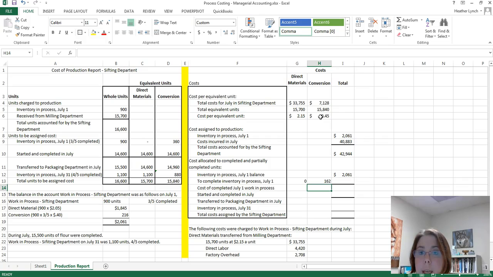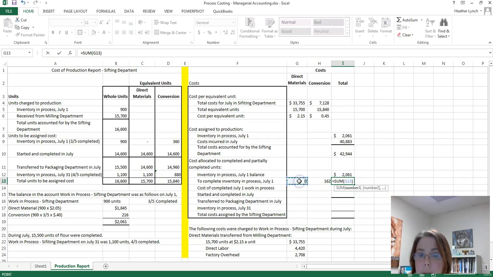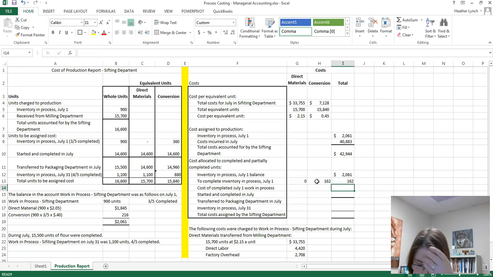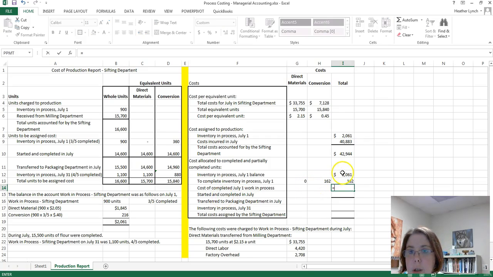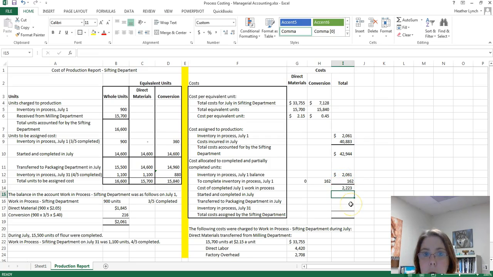That's why we had to find the cost per unit. Okay, so we add the 0 plus the 162, so we get 162. Our cost to complete July 1st are the 2,061 and the 162.